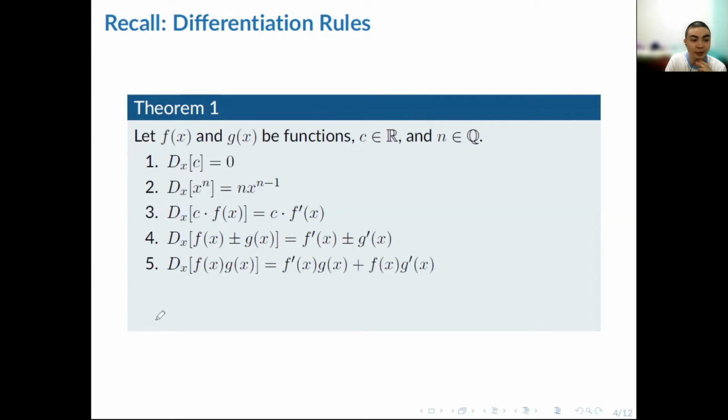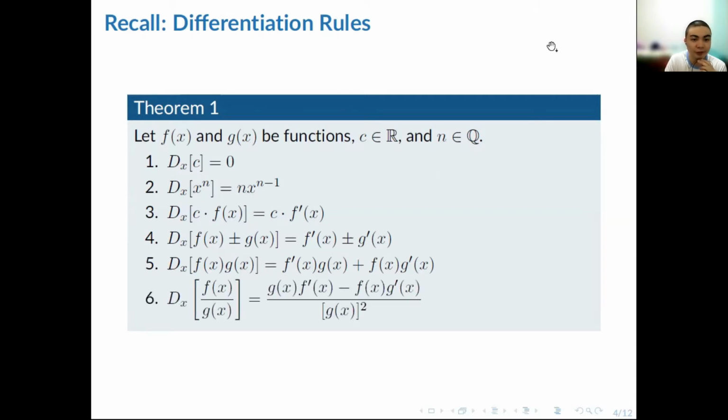Product rule naman, so yung derivative ng product ng dalawang function ay ito, derivative ng first function times the second function plus first function times the derivative of the second function. So, ano siya? Right be left plus left be right. So, baka narinig din na siya sa inyong mga instructors. So, it's really important na may mnemonics kayo para madali nyo siyang natatandaan.